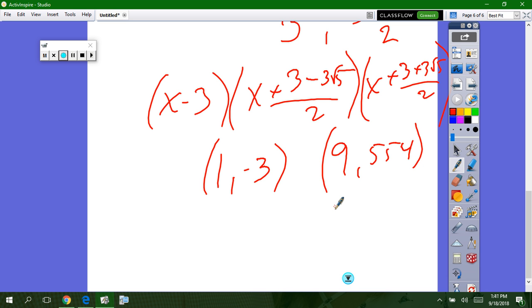Anybody want to help me there? It's actually really good. We know that there has to be a 0 between 1 and 9. How do we know that? Does it have to be a rational number, though? No. So I do know there's a 0, because think about this. Aren't these points on my graph? 1, -3 is here, 9, that big number's up there, and they're going to connect, aren't they?